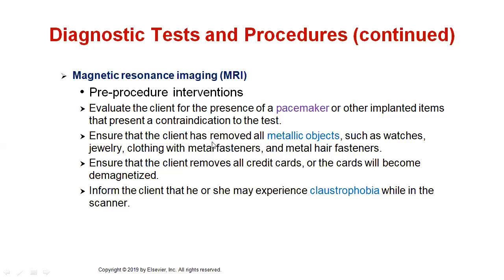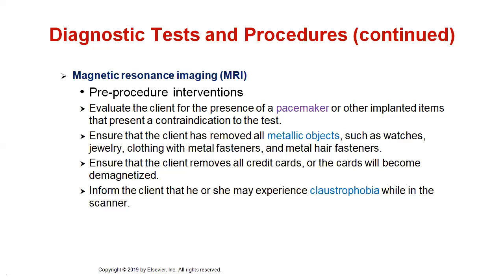Ensure that the client has removed all jewelry and metallic objects like jewelry, clothing with metal, or watch. Ensure that the client removes all credit cards. Inform the client that he or she may experience claustrophobia because the scanner looks like a closed chamber.